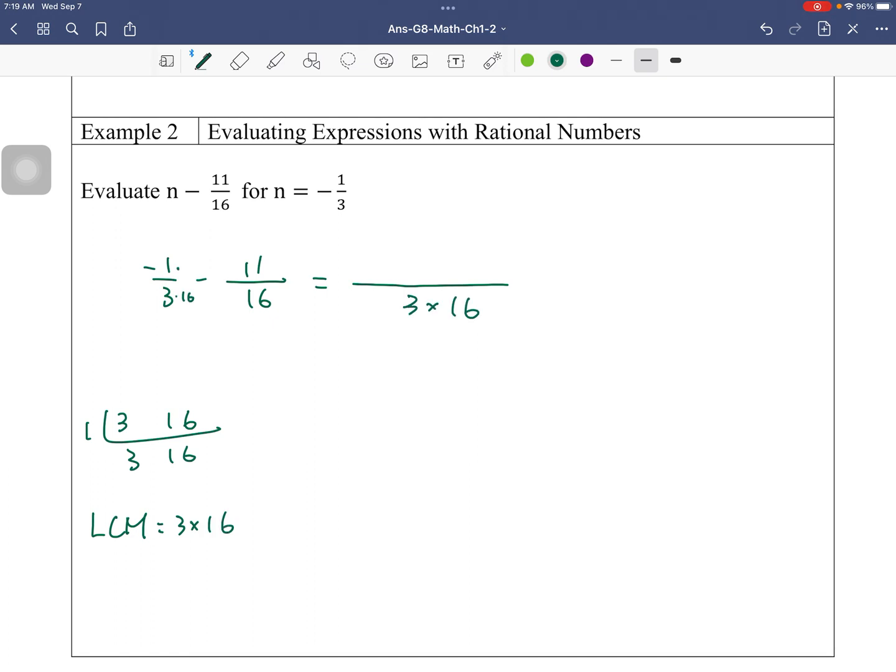Times 16, so negative 16, minus 11 times 3, 33, over 48, negative 49. So that's the final answer.